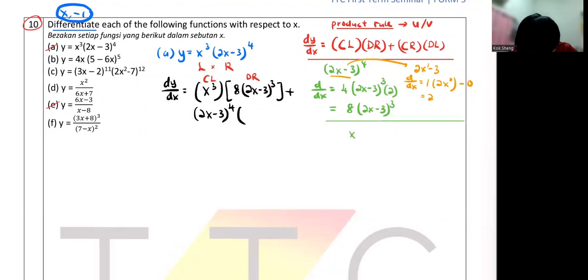The left side is x to the power of 3, so just differentiate this. You should be okay. The power here is 3, times, and the power minus 1. 3x squared. Yep, this is your differentiate left.